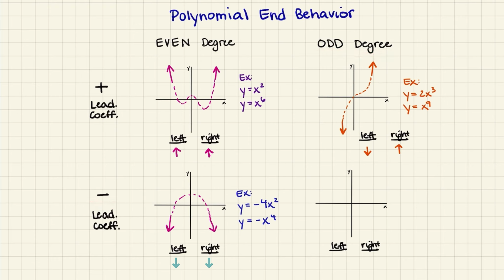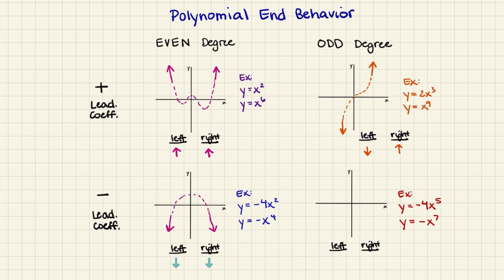So an example of this would be y equals negative 4x to the fifth, or y equals negative x to the seventh. So just like we talked about the even polynomials, the negative flips our original function vertically.